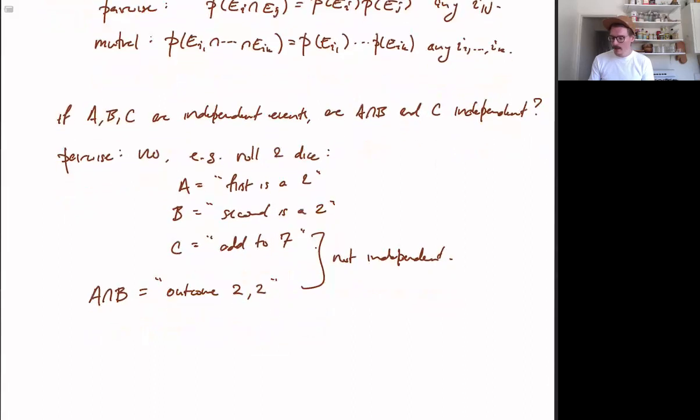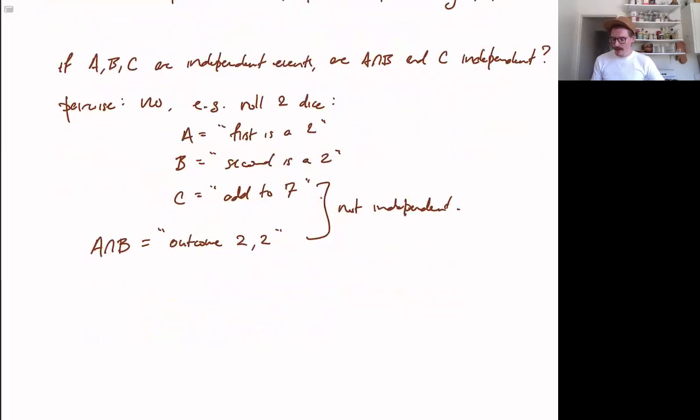On the other hand, if they are mutually independent, then the answer is yes. And how can we prove this? Well, the thing that mutual independence gives us is that we can take a triple intersection and split it into a product. So we can start from that.